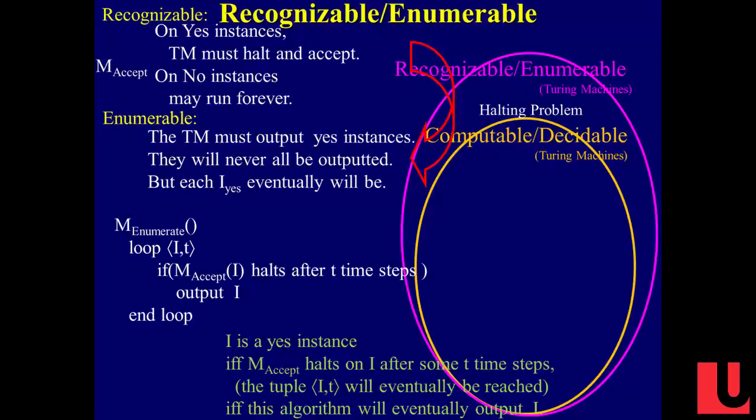Can you explain again the importance of the t time steps? It goes back to this: if we ran M accept on a particular I forever, we would never get to the next I. If we fix I and let t be arbitrarily big, we would never get to the next I. What happens if you don't have t at all?